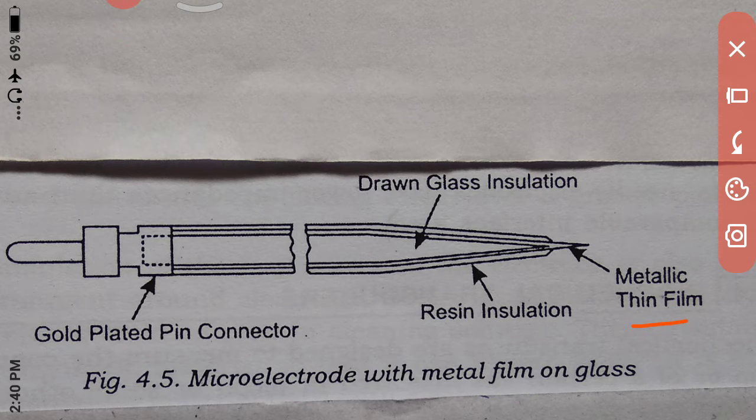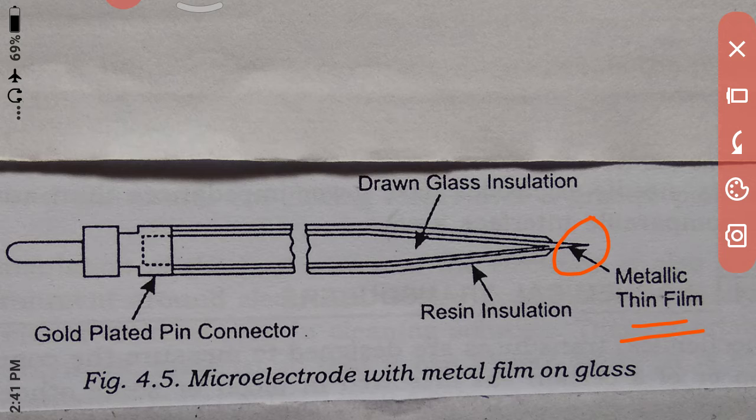This is your thin metal film on the glass. These tips have a thin metal film small enough to penetrate a single cell, like a single RBC or any blood vessel. As such, readings from within a single cell can be obtained.